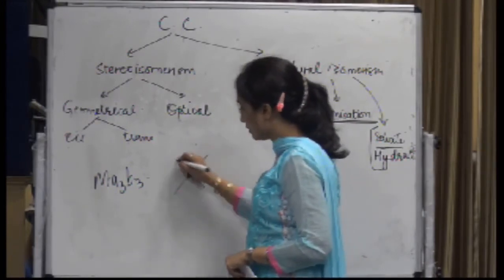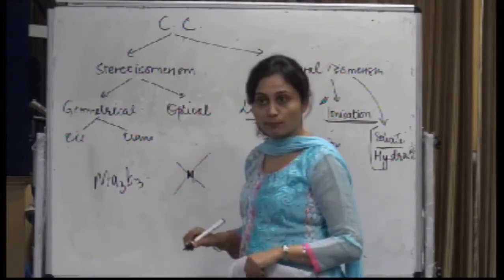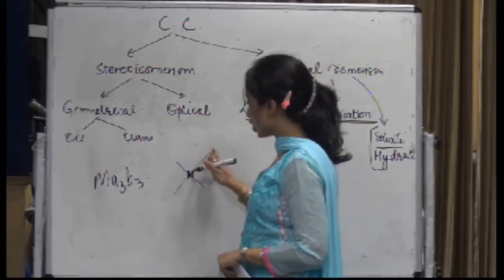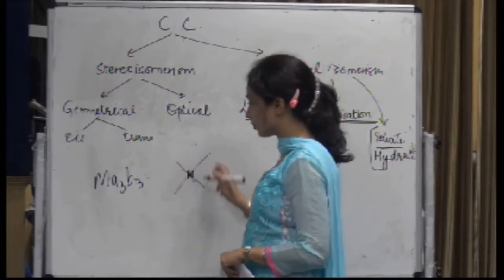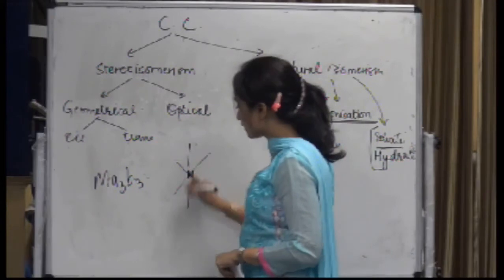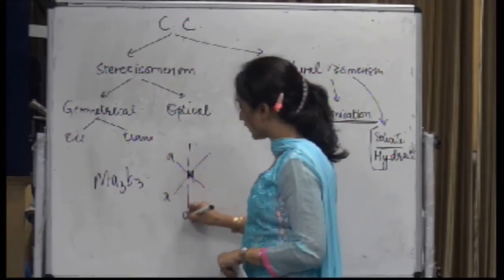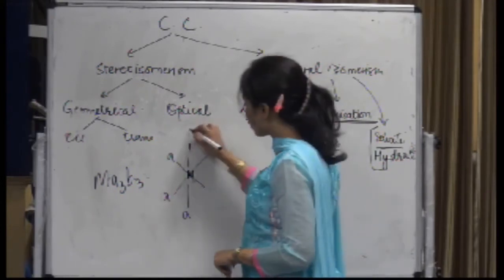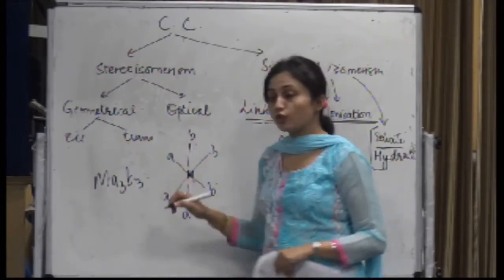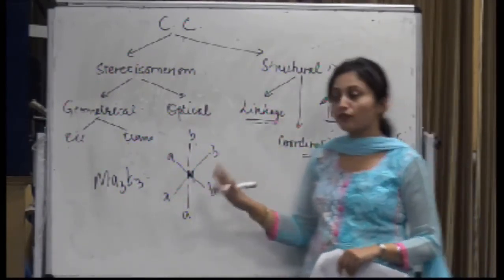This is your metal. चार plane of the board पे, जैसे ये metal अगर मैंने plane of the board पे रखा है तो चार जो ligands होंगे वो plane of the board पे होंगे, एक ऊपर और एक नीचे. सो इस केस में अगर A ये are together and you have B and then these are together, then you actually are calling them kind of a cis.